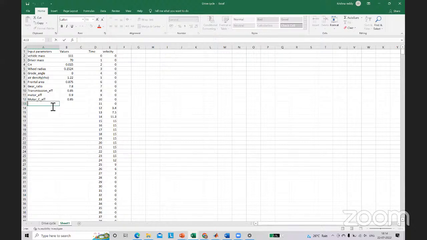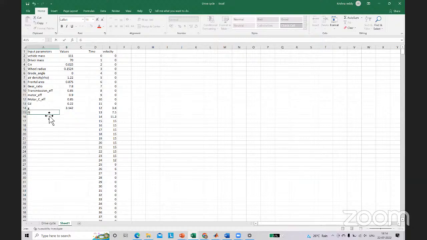Coefficient of drag, I'll just write it CD, 0.22. Or G, that is acceleration due to gravity, and 3.142, that is the pi value.